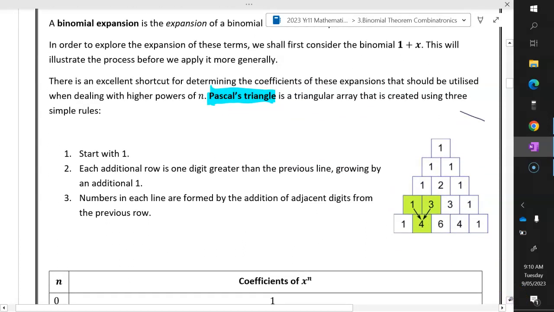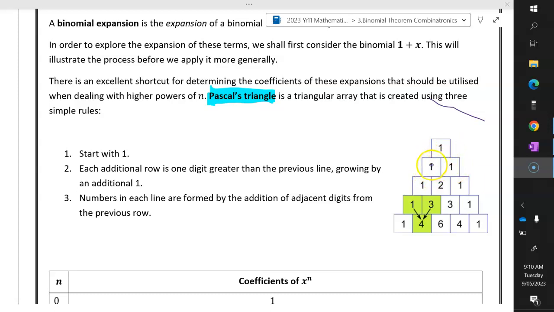So what we do, and there are steps over here to the left, is we start with the number 1. There's the number 1 up there. With each additional row, one digit is added, and we normally add the numbers on the row above together to get the number below it. In this case, I haven't got anything to add to 1, so 1 becomes 1 over here and 1 becomes 1 again.